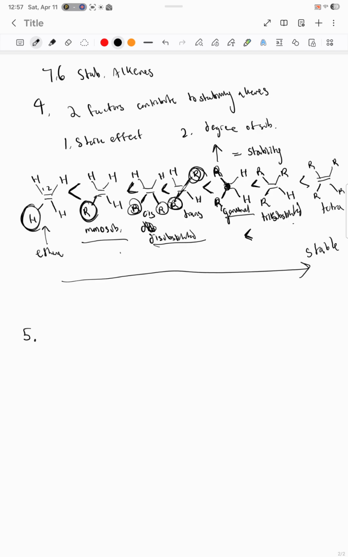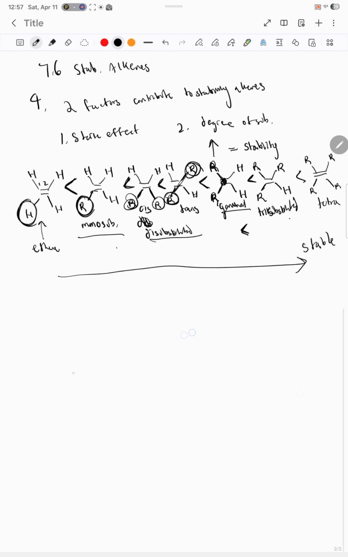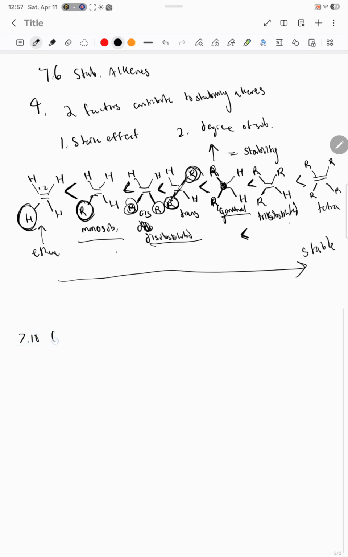Let's look at the notes. Okay, well, before we get to 5, let's do some practice. 7.10, conceptual check.